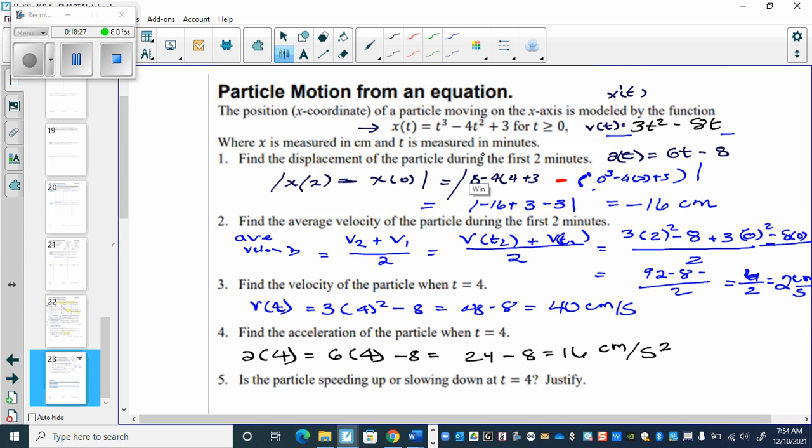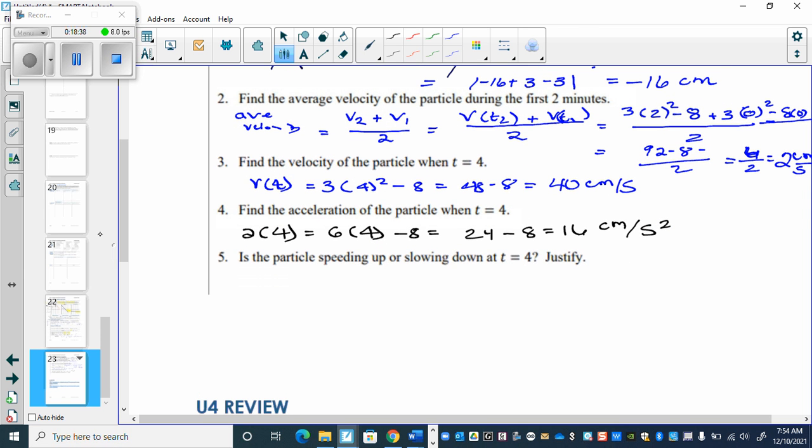Just going back, this is a cubic function. Its derivative is a quadratic, and its derivative is a linear function. So is the particle speeding up or slowing down at t equals 4? If it's speeding up, the signs are the same. So let's think about a statement.